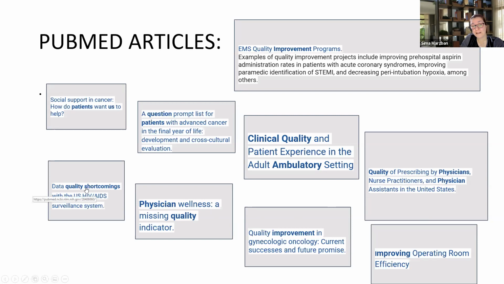Data quality shortcomings. You see, this is an administrative issue, data quality shortcomings in a disease area. So it's important to understand the role of data management and quality of data. Physician wellness is an issue for all of us. Workforce wellness, and how we understand physicians as a part of the system, that their wellness status and wellness score is important to all of us.